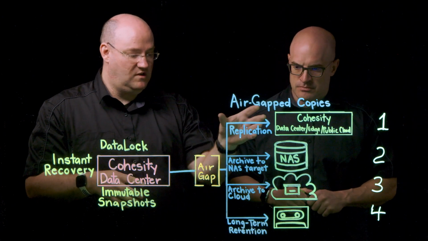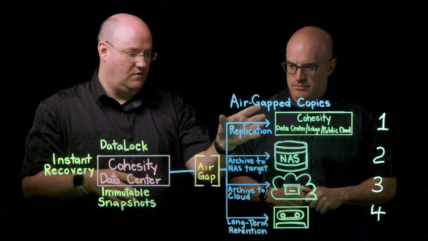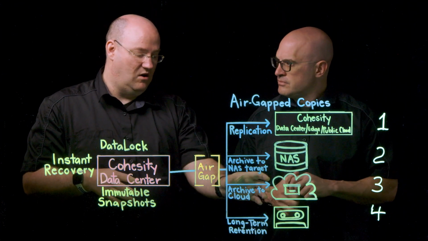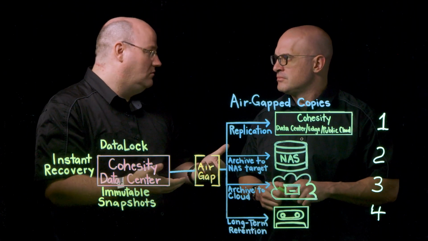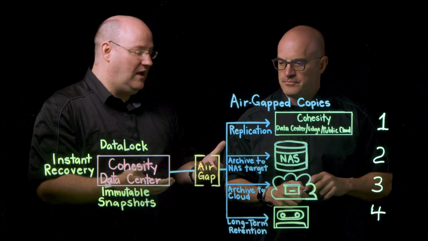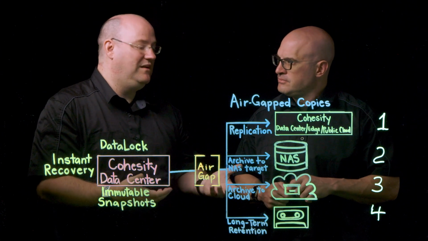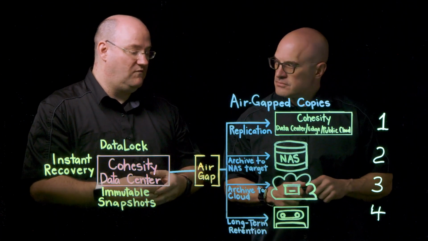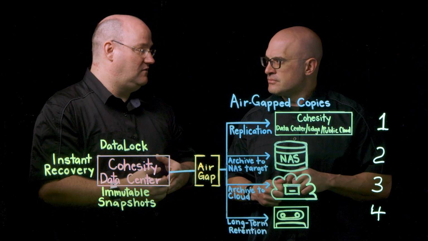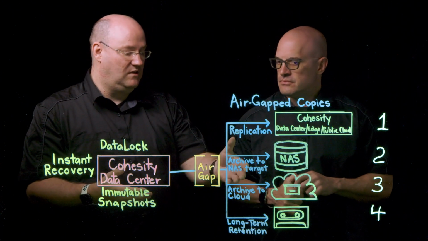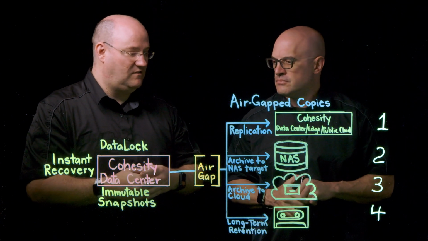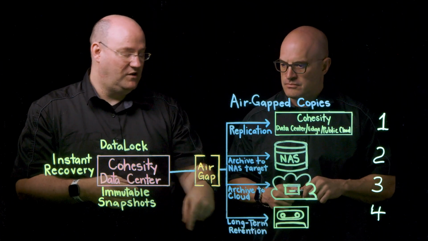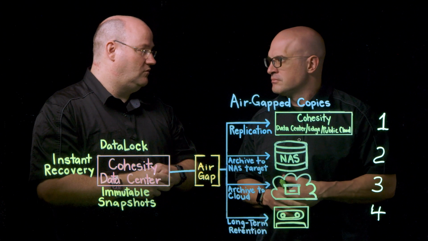And each one of these, the replication, the NAS target, and the archive to cloud, can all be set up in a manual fashion as well as some of the traditional automated capabilities. But if you wanted to stick closer to that NIST definition, you could make these more of a manual process as well, and even get to some particular points of severing that network connection as soon as the data is transferred over.